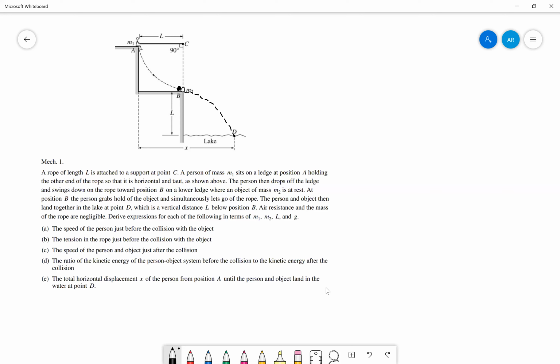So when you have a problem that involves a change in height and they ask you to find the speed, your first instinct should be using the law of conservation of energy, and noting that air resistance is negligible, which means that energy will be conserved during the entire swing. At position A and position B, how much potential energy does the person gain or lose?